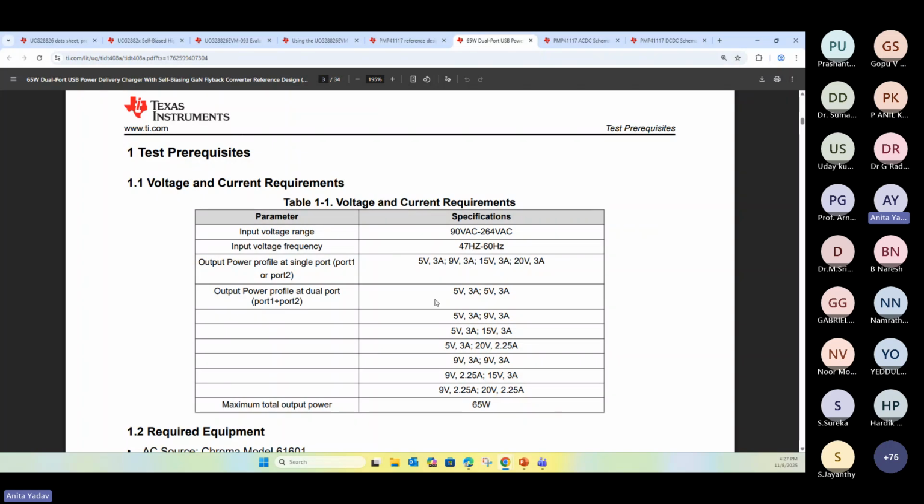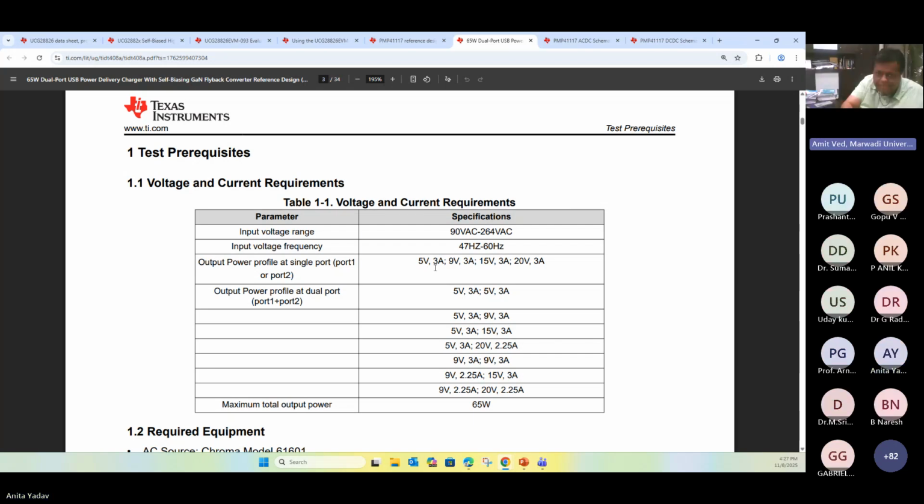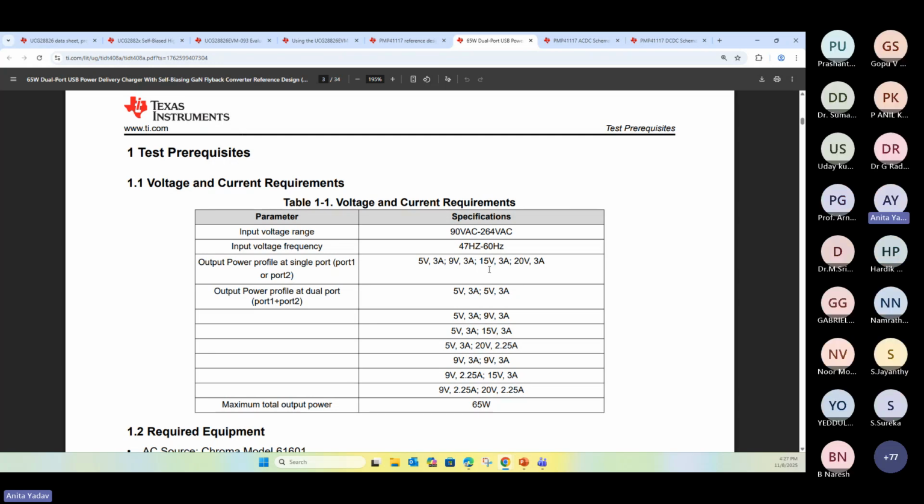Then the output spec is 5 volt 3 ampere, meaning 15 watt, 9 volt 3 ampere meaning 27 watt, 15 volt 3 ampere meaning 45 watt, 20 volt 3 ampere meaning 60 watt.